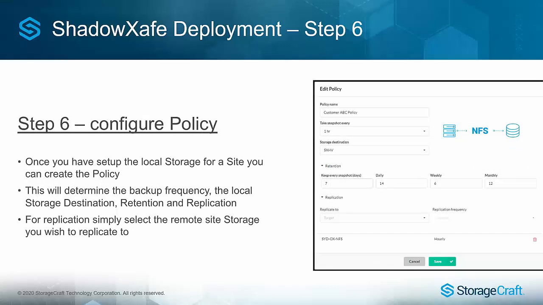You'll be able to select that local storage for this customer, specify your retention, and then you can add in replication. So the replication could be to StorageCraft Cloud, it could be to another site of the customer's, or it could be back to your office or data center as the MSP. So that's very flexible. You can either replicate hourly or daily. That's up to you when you add this in.